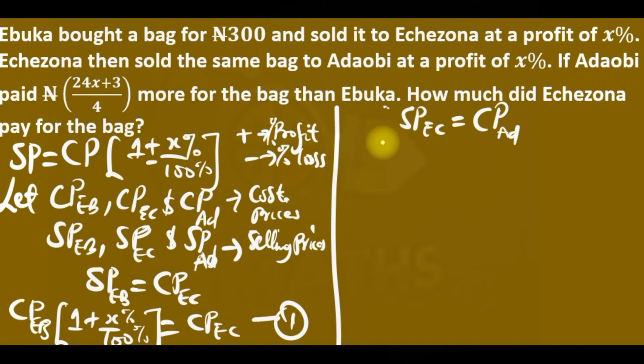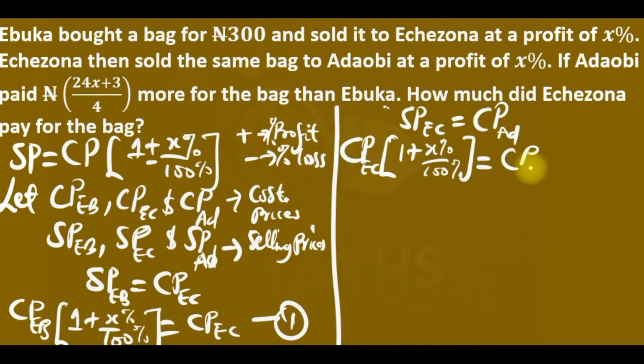Let's write selling price in terms of cost price: the cost price of Echezona times (1 plus x%) over 100 equals CP of Adobe. Our main aim, looking at the third statement, is that Adobe paid this naira more than Ebuka, so we are to relate the cost price of Adobe to that of Ebuka. But what we have here is the cost price of Echezona, so we need to relate this.